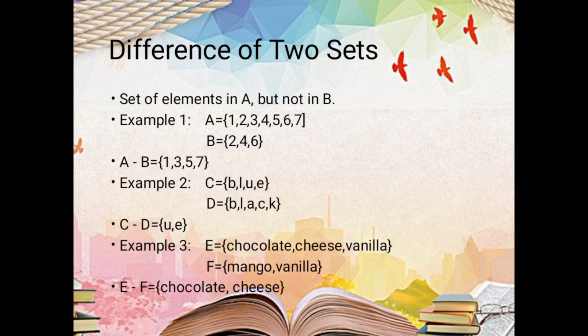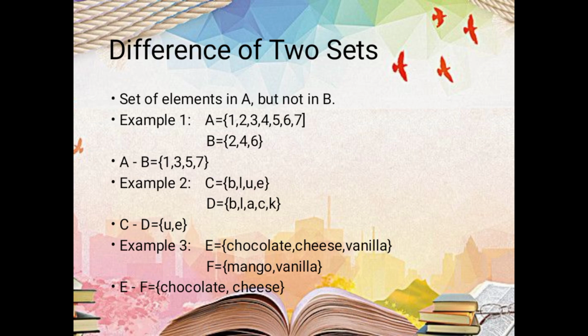And for the last topic that we will discuss, it's all about the difference of two sets. The set of elements in A but not in B. Example number 1. A is equal to 1, 2, 3, 4, 5, 6, and 7. And B is equal to 2, 4, and 6.